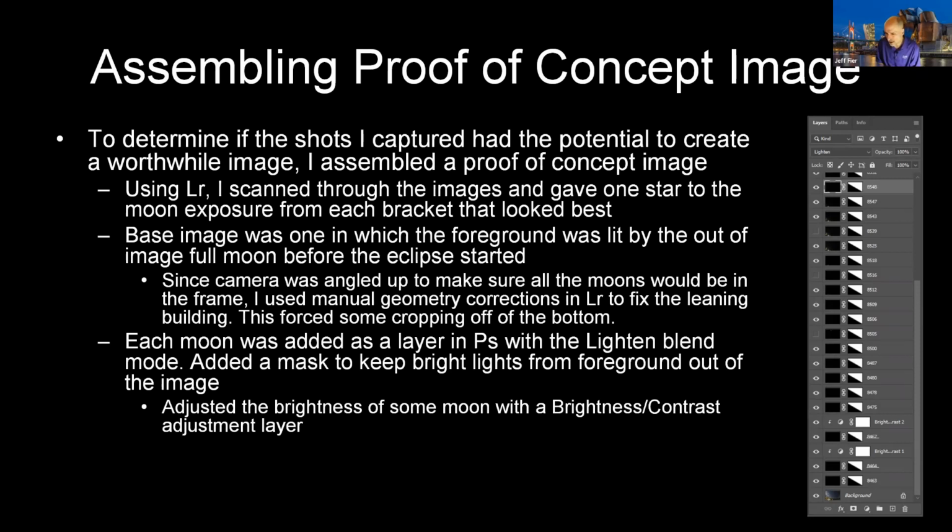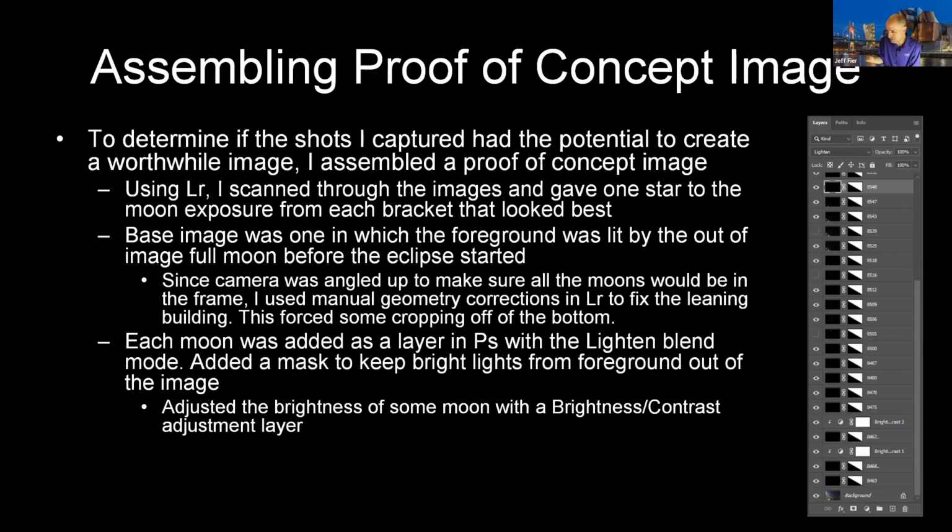The final thing I needed to do was then add in layers for each of the moon pictures. And what you do is you set the blending mode of each of those moon pictures, change it from normal to what's called a lighten blend mode. What lighten says is, in this layer that you've just added, any pixel that is brighter than whatever it sees in the layers below it, it will let shine through.